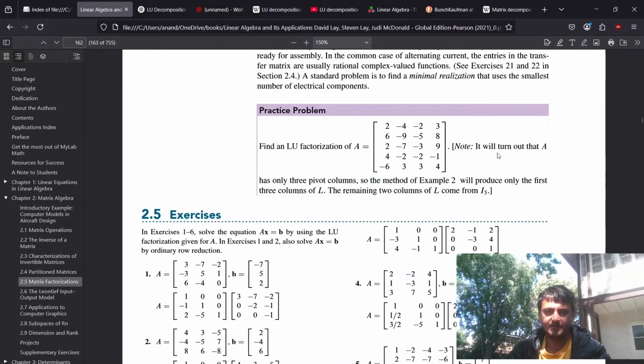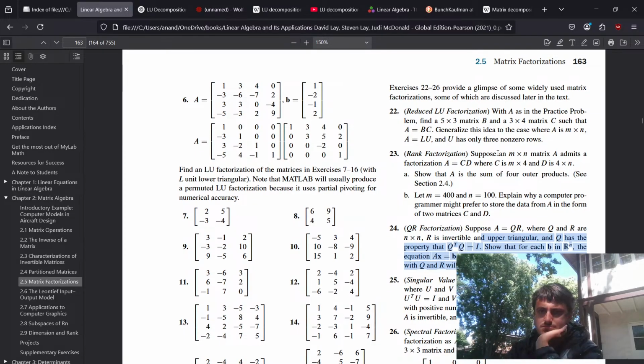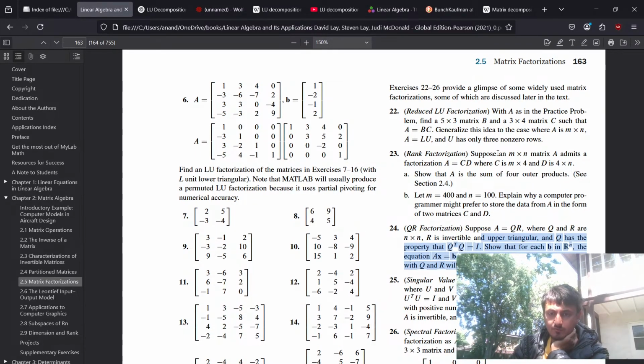All right, so the problems I want to do are, I don't really want to do any of these calculation ones. They're really boring. I want to do 23, 24.